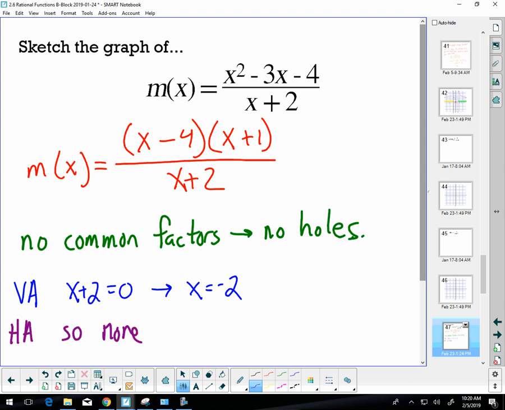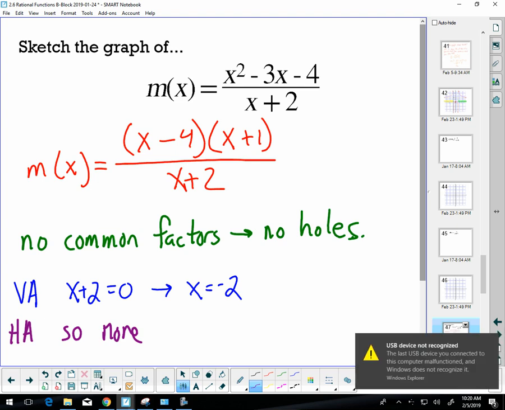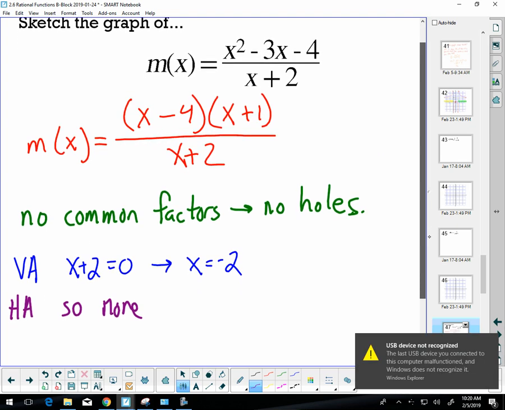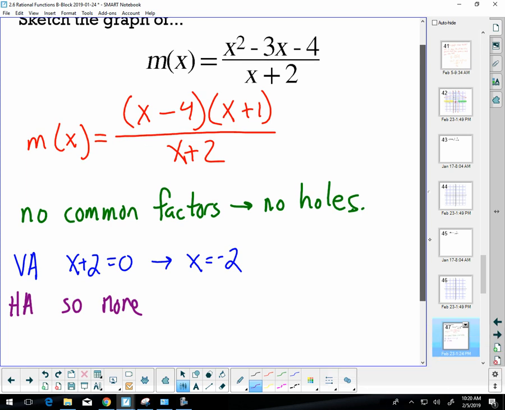So that means we're going to have a slant asymptote. So I've got to figure out what that slant asymptote is. In this particular case, since the denominator is linear, I will be able to use synthetic division to figure out the quotient of our numerator and denominator.